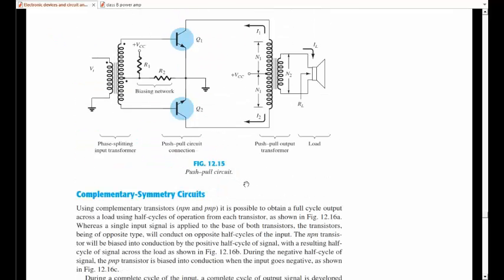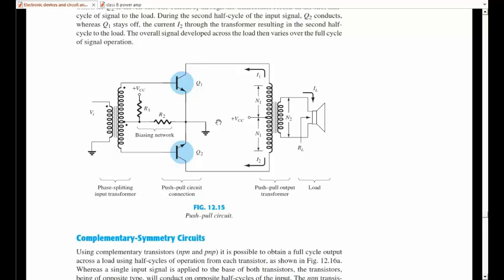So the idea is that one transistor should be conducting for one half cycle. If you use both NPN transistors in a circuit, then you have to generate the input signal in a complementary fashion. That is, these two signals should be out of phase by 180 degrees.